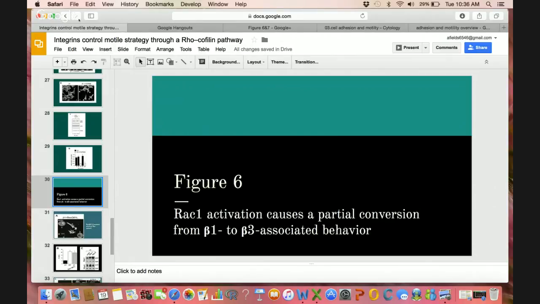So over time, evidence has shown that there's a crosstalk between the Rho and the Rac pathway in the GE beta 1 and GE beta 3 cells.